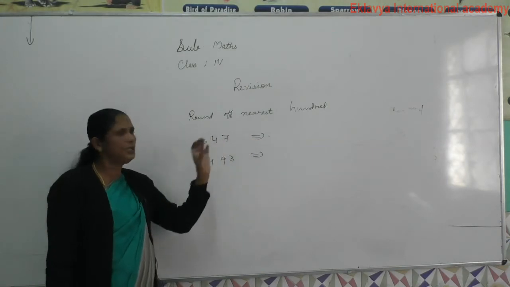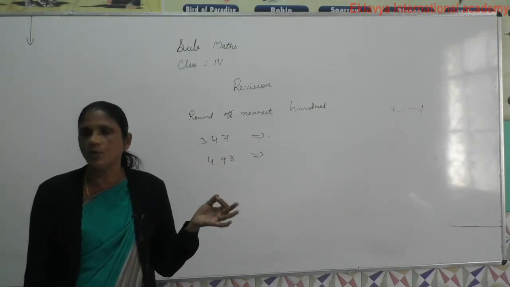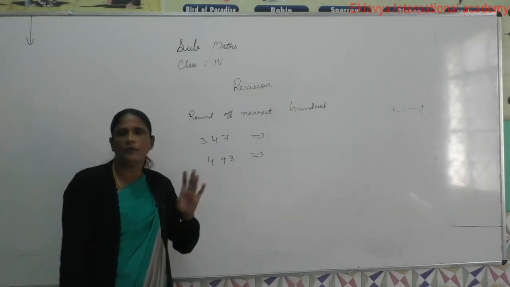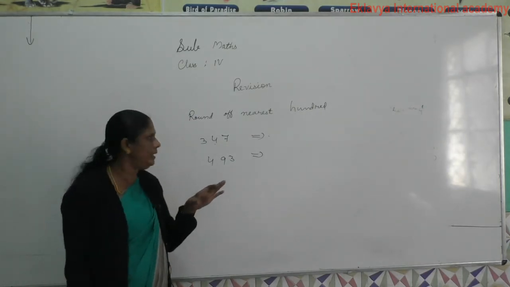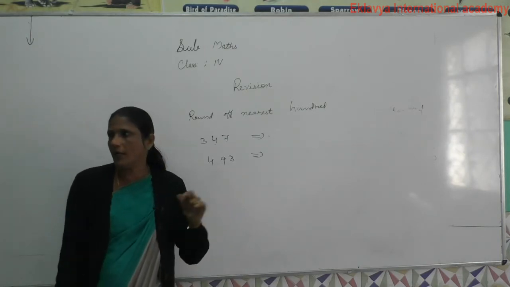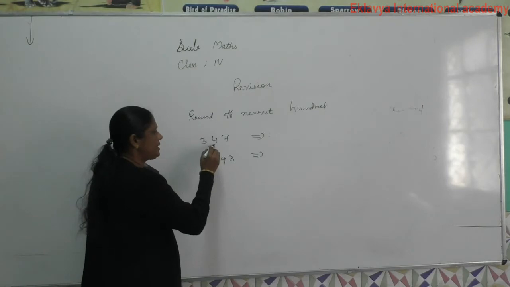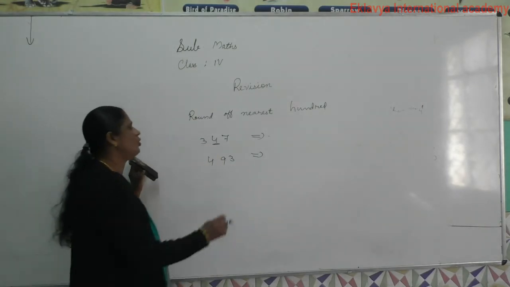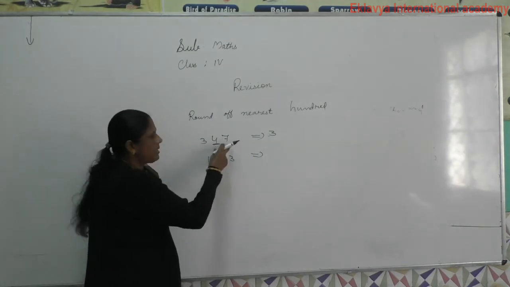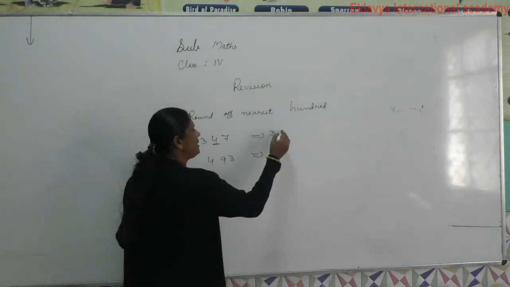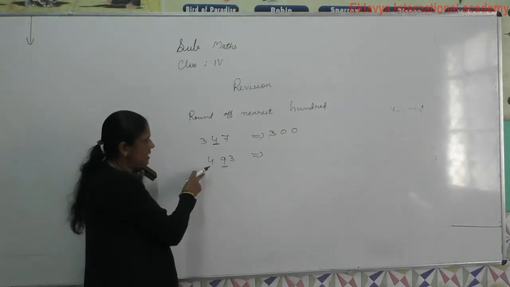Again the rule: 0, 1, 2, 3, 4 come in tens place, there is no change. 5, 6, 7, 8, 9 come in tens place, 1 is added to the 100 place. Here which digit comes? 4. There is no change here. 3, then tens place and ones place are 0. Here 9 comes, there is a change here.